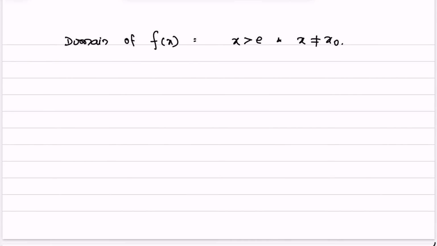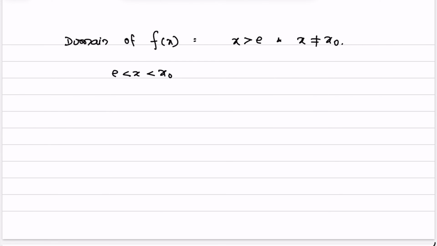That means the domain is e less than x less than x naught, because x naught should be excluded.